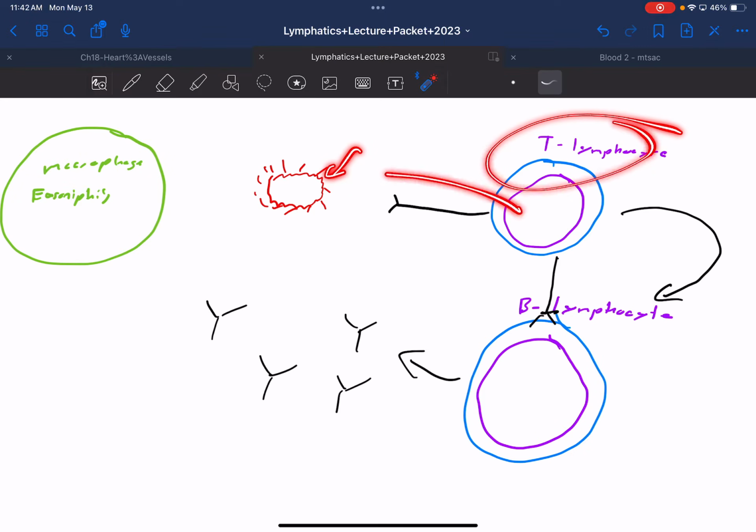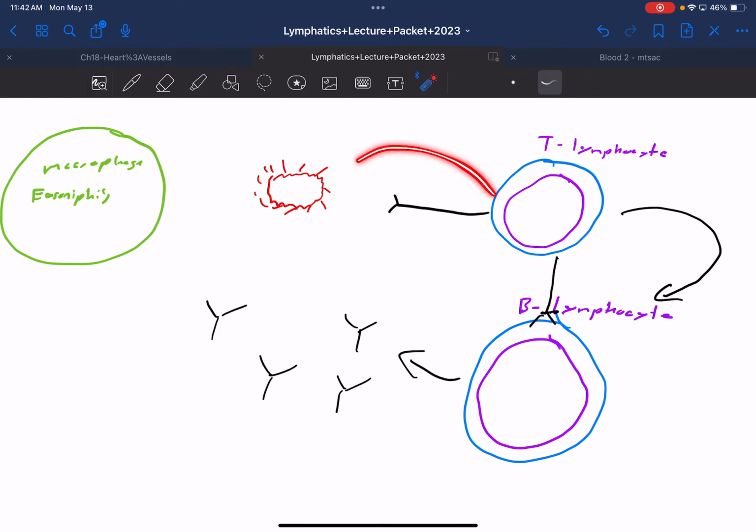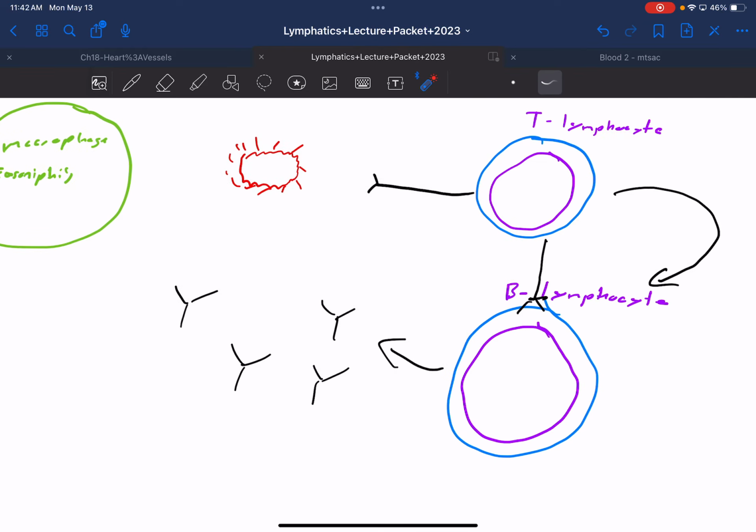Some of them might directly destroy it right away because their little surface molecules are telling them we're in contact with something that is not from our body. And so they'll attack it. But another thing that they do is that they will activate B lymphocytes, and then B lymphocytes will create a bunch of antibodies to match whatever was discovered.